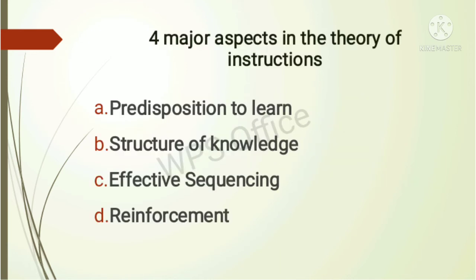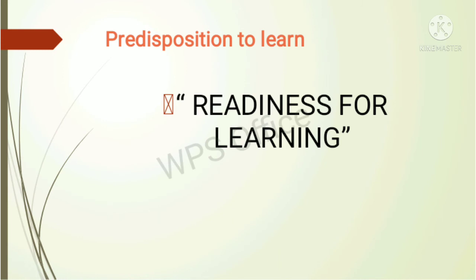In discovery learning, there are 4 major aspects in the theory of instruction: A is predisposition to learn, B is structural knowledge, C is effective sequencing, D is reinforcement. When we say predisposition to learn, it refers to the readiness for learning. It is also known as curiosity and uncertainty.